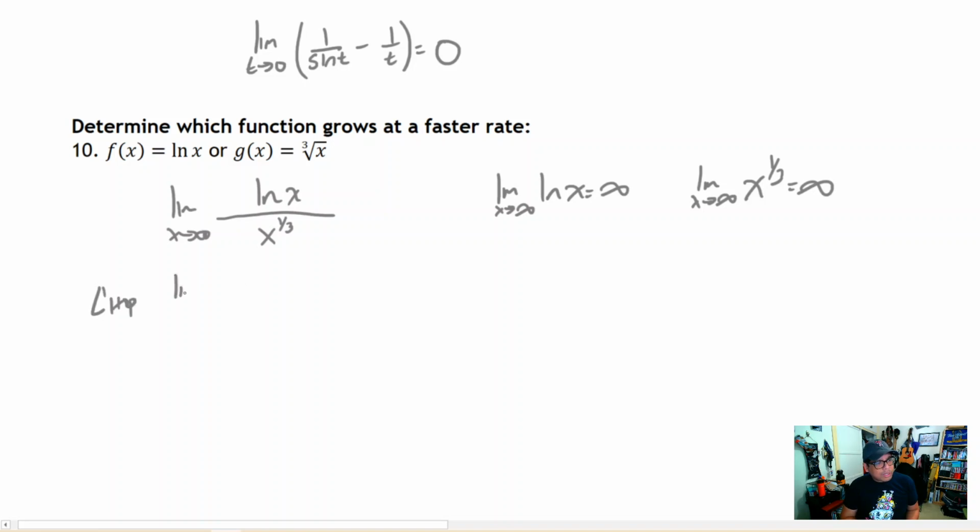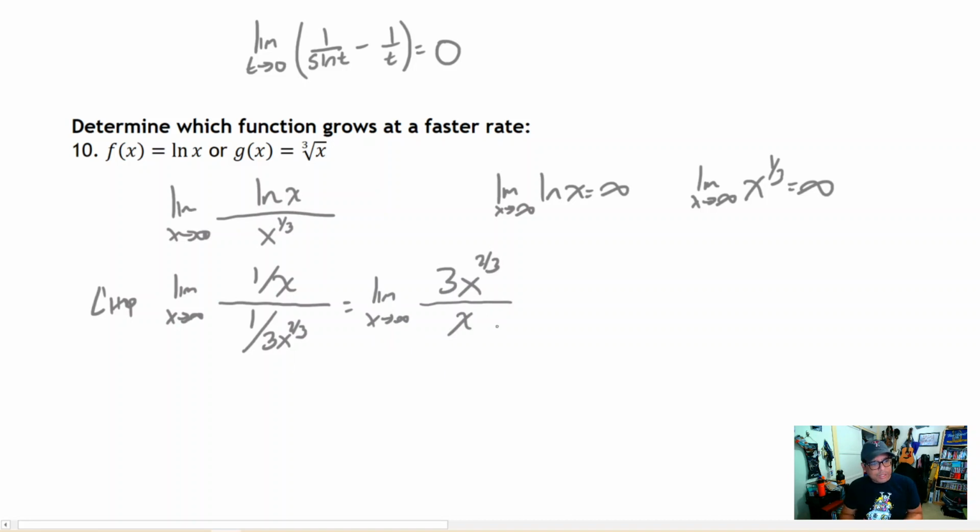So let's use L'Hopital's rule. The derivative of the natural log of x is 1 over x. And the derivative of x to the 1/3 power is 1/3 x to the negative 2/3 power, which is 1 over 3 x to the 2/3 power.